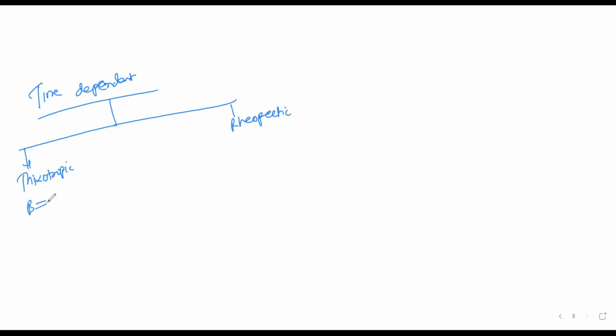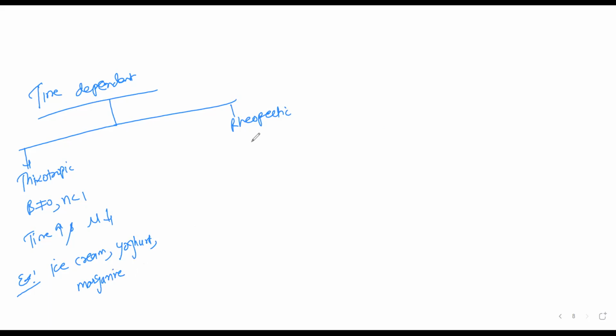Thixotropic means b cannot be equal to 0, n must be less than 1, and as time increases, the viscosity decreases. What could be an example of a thixotropic fluid? Ice cream. First it is a solid, then after some time it starts to melt, so its viscosity starts decreasing. Yogurt is also thixotropic, or margarine is also a thixotropic fluid.